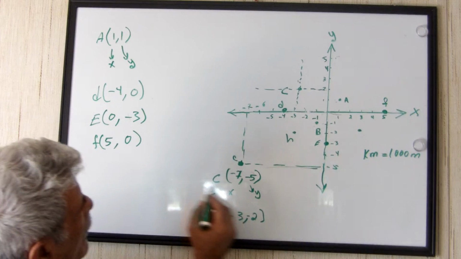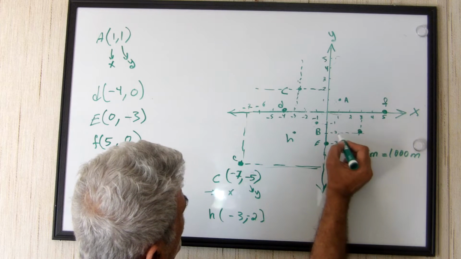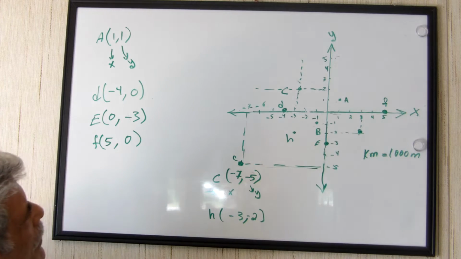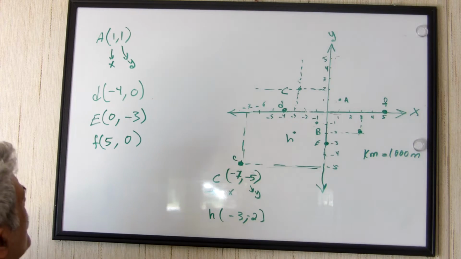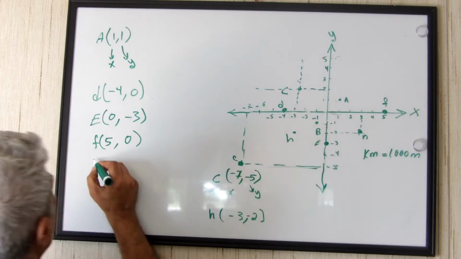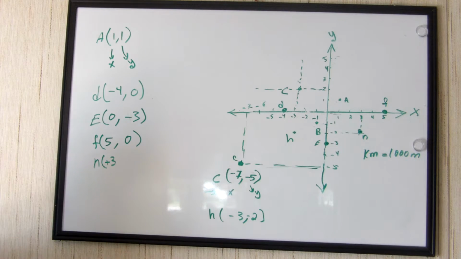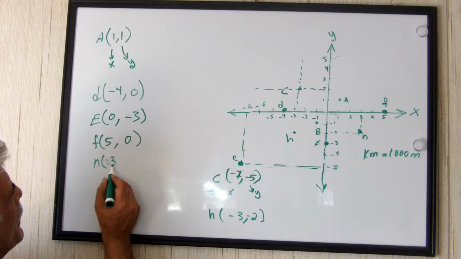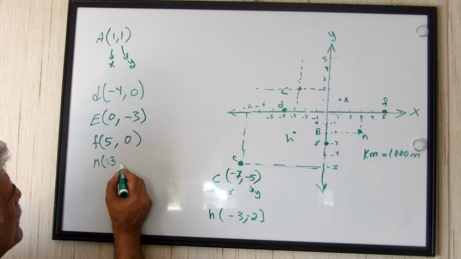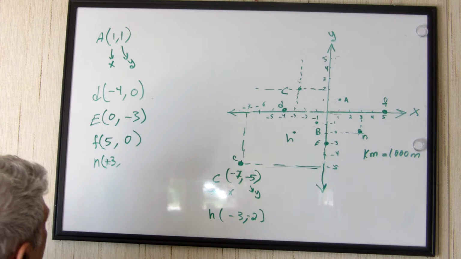Let's put another point here. There is a point at -2 on the y axis and +3. We call this one N. Point N is +3, but usually we don't write the plus sign behind a positive number. But you can write it, no problem.